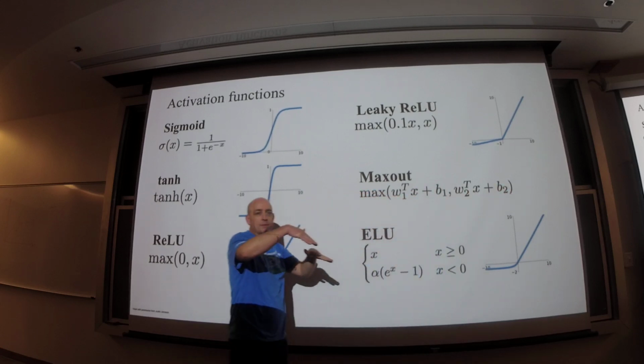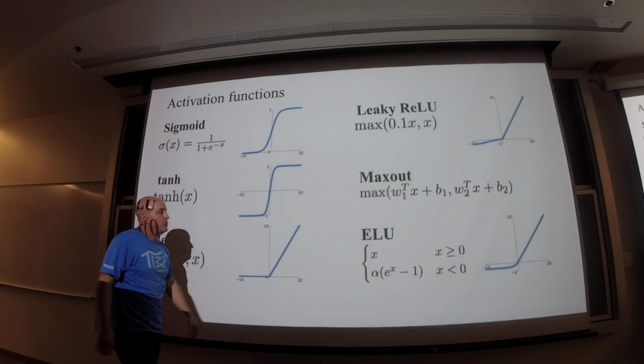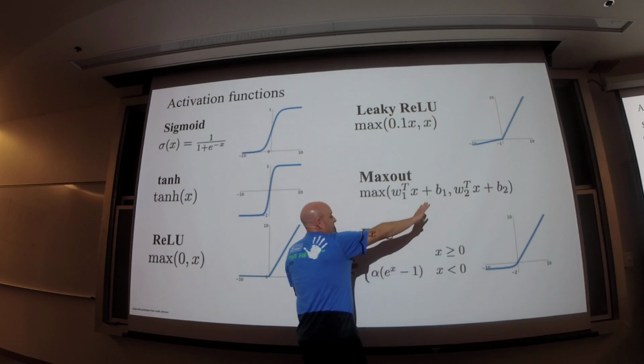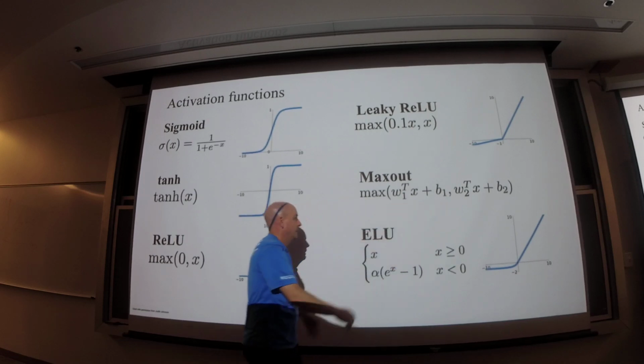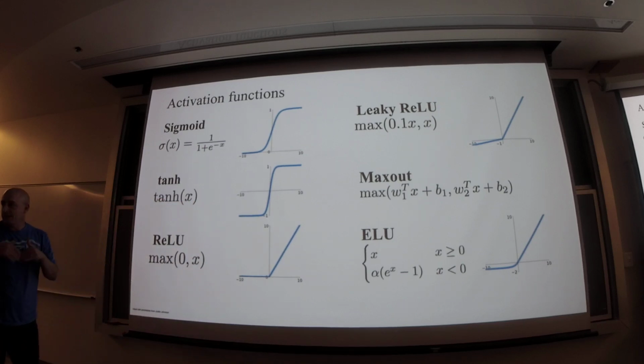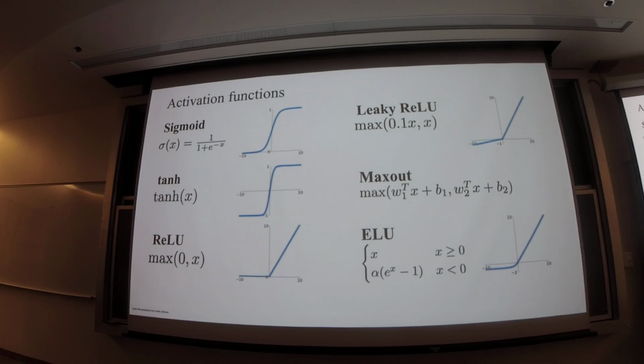You're learning both of them, but at any time you only use the one that is larger. So this is nonlinear because of the max. This max has nonlinear behavior, but it's just a max of 2 lines. So again, it's another nonlinearity that's almost linear. But it is kind of weird because now you're keeping track of 2 sets of weights rather than just 1.